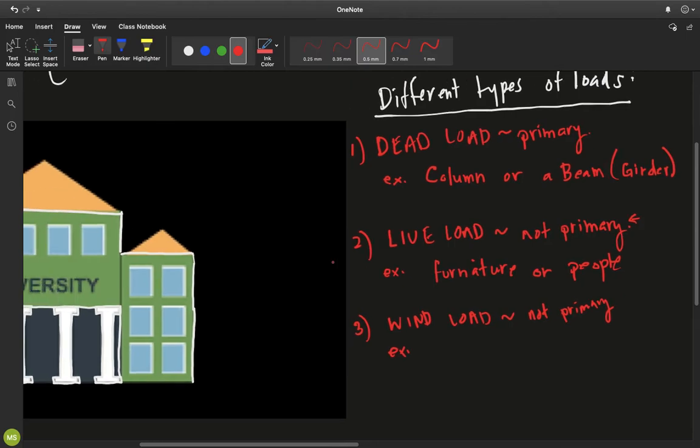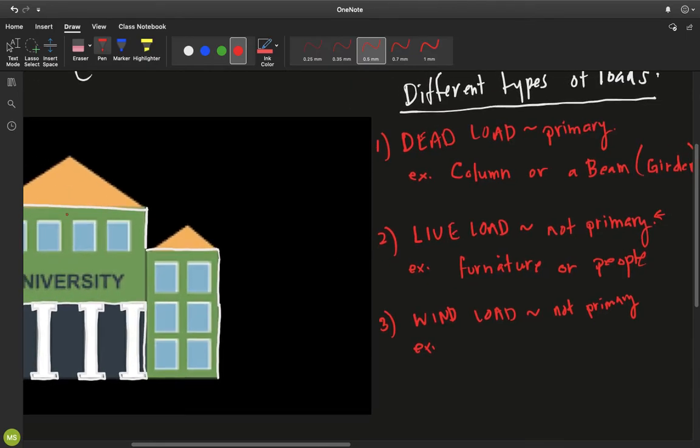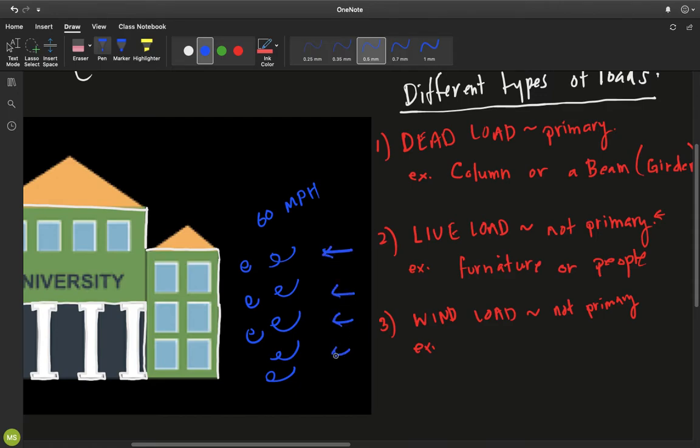Because you don't want your building to suddenly, I'll do this in blue. You don't want a bunch of wind coming this way. Just imagine some very strong wind, let's say 60 miles per hour wind going all in that direction.